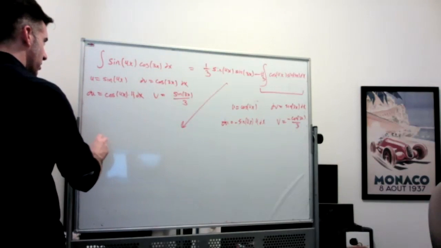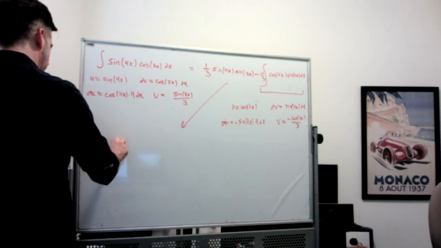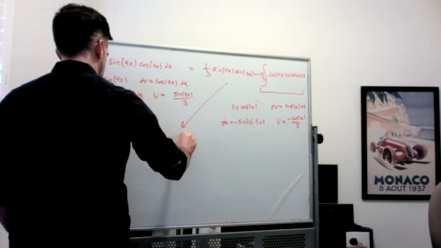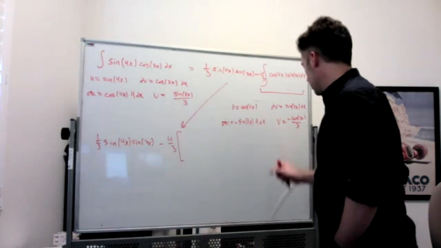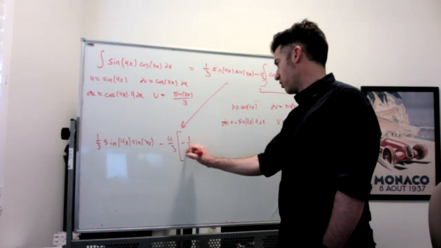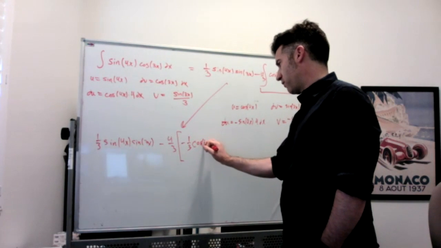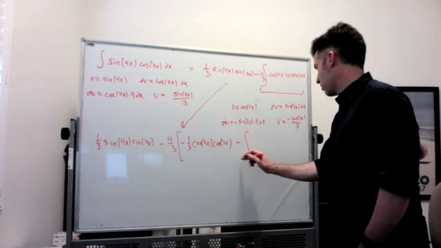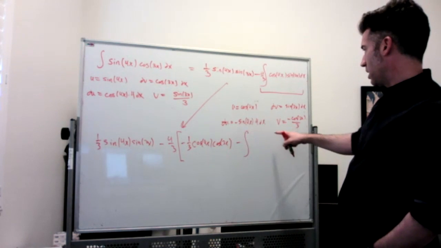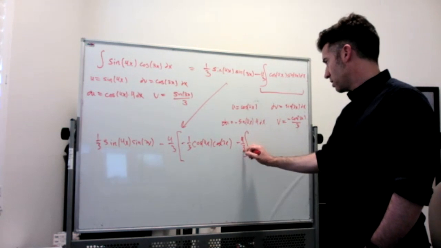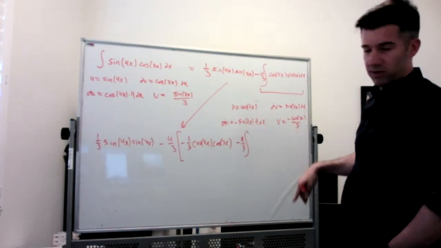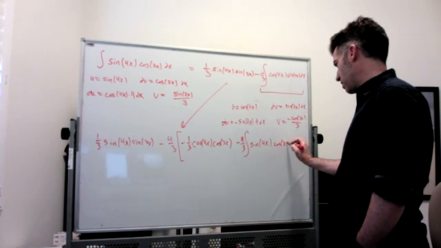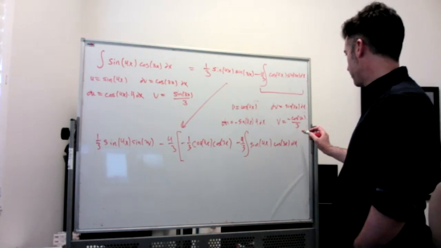So we're going to end up getting 1/3 sine of 4x times sine of 3x minus 4/3 times uv, which is going to be minus 1/3 cosine of 4x times cosine of 3x minus the integral of v du, which is again a 4/3. And then I've got a negative sine of 4x and the negative cosine of 3x, which is just going to be sine of 4x times cosine of 3x. And the negatives cancel out.